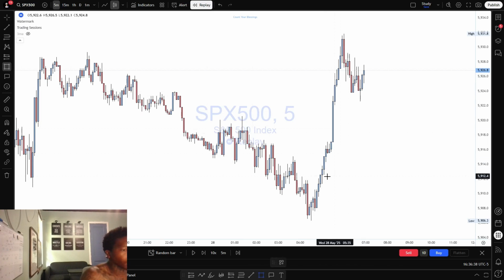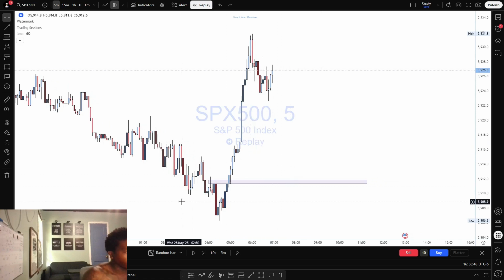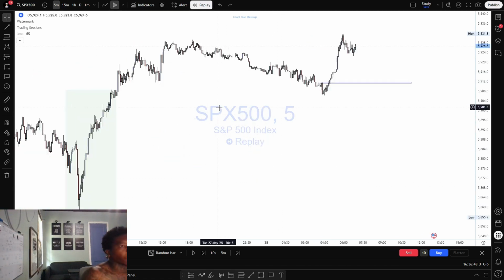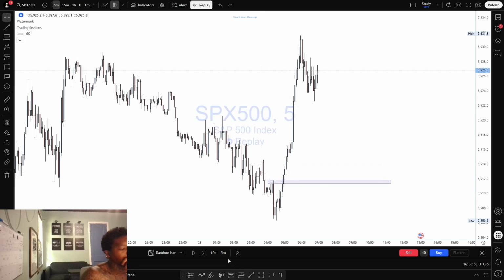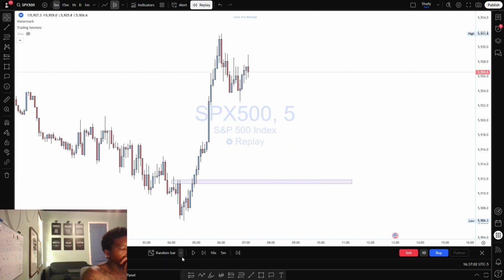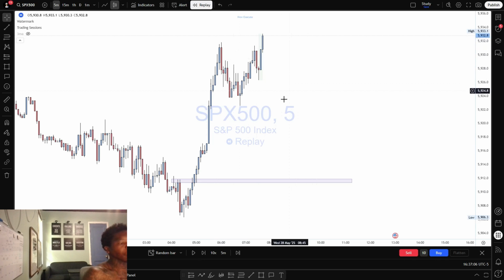Let's see price come back to this point here, because this is basically the area that this strategy I was talking about is based on. You do see you get a break retest here, but let's see price actually come back to retest it. All right, market open.